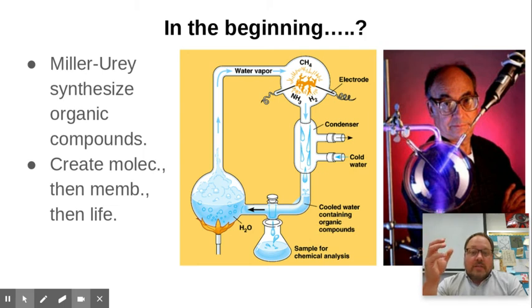But the idea is if you have molecules that are made of certain atoms and you expose them to energy, well, what's that going to do? It's going to break bonds and allow new bonds to form. So by catalyzing these chemical reactions, what they found is you could artificially, through this process, create some of the molecules we associate with life. You're able to make certain amino acids and byproducts of protein metabolism like urea.